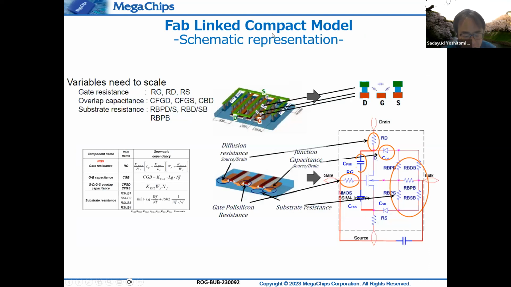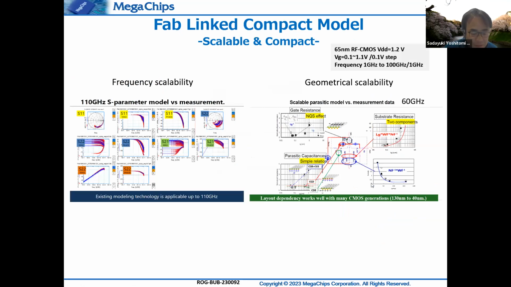So here's a summary of the SPICE model of MOSFET, validated to 110 gigahertz. The main part is the BSIM model, which is already familiar to everybody. Based on that, we usually create the macro model configuration, which can fit very high frequency data well.